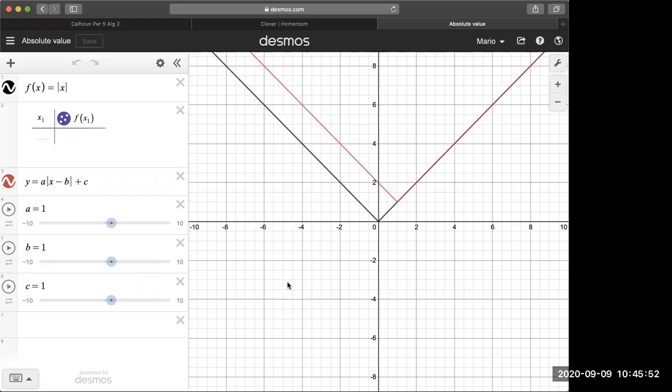Can you type in the chat whatever you know about absolute value? What do you know about absolute value? Distance from 0. Okay. Anybody else? Whole numbers. Okay.